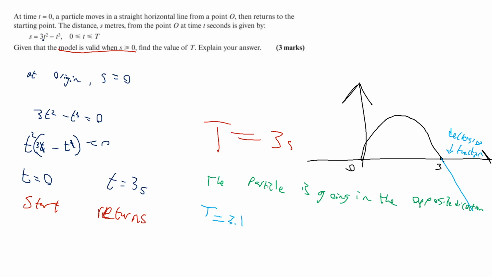Then 3 times 3.1 squared minus 3.1 cubed, you can plug this into your calculators, is equal to minus 0.961 meters, which is less than 0. So therefore, the model isn't valid anymore.